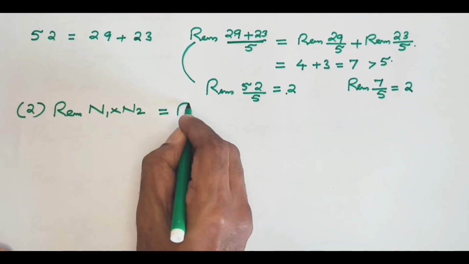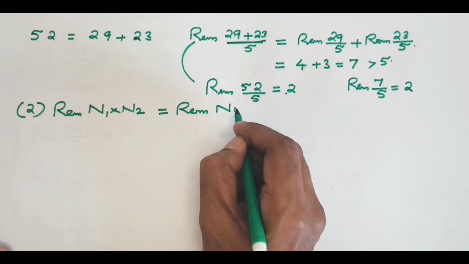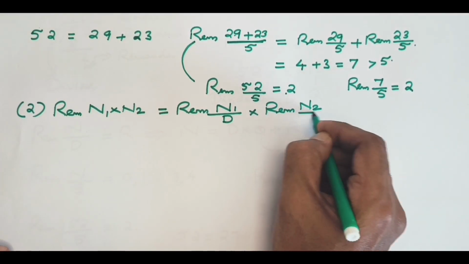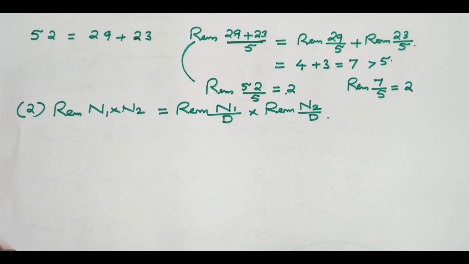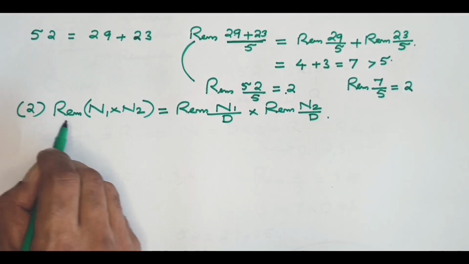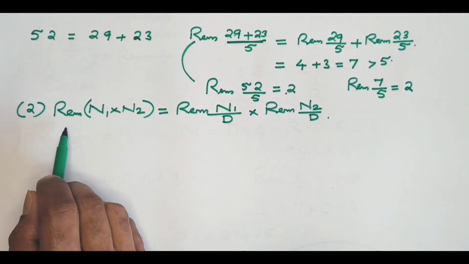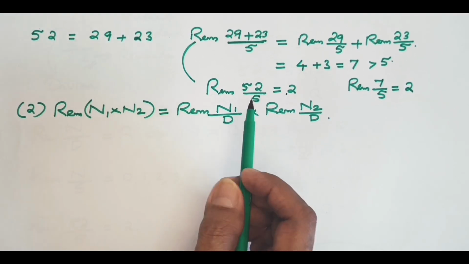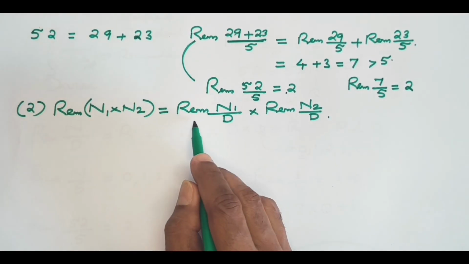This is equal to remainder of n1 when divided by d multiplied by remainder of n2 when divided by d. Basically, you are distributing the remainders. This means the remainder of a product is the product of the remainders individually. And the condition I explained before is applicable to this also.